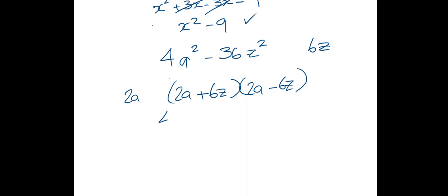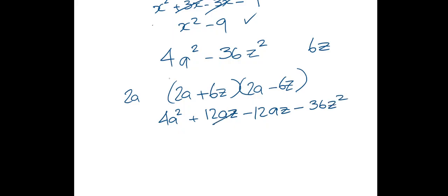2a times 2a is 4a squared. 6z times 2a is plus 12az. I'm going to put them in alphabetical order. 2a times minus 6z is minus 12az, and 6z times negative 6z is equal to negative 36z squared.